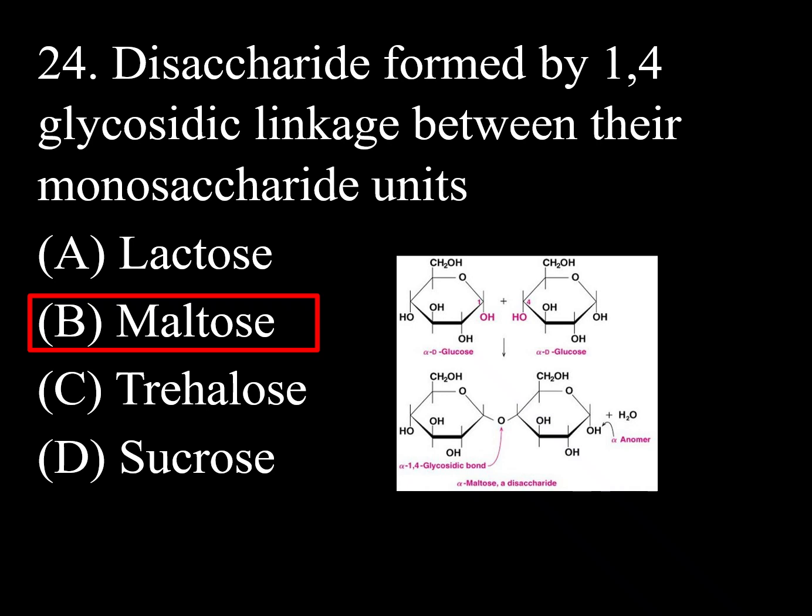This is the first carbon, this is the fourth; this is the first carbon, this is the fourth carbon, which has the hydroxyl group. Then there will be the release of a water molecule, and this is the glycosidic bond. Then it forms the glycosidic linkage. So the right option is maltose.